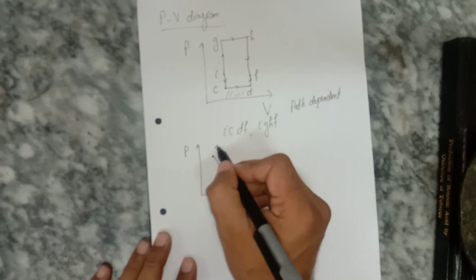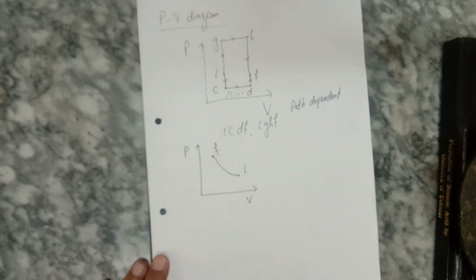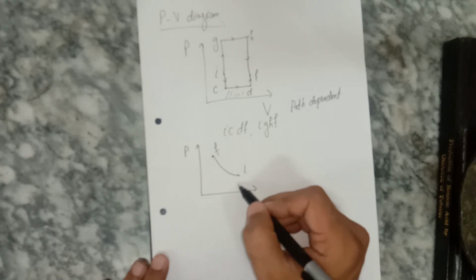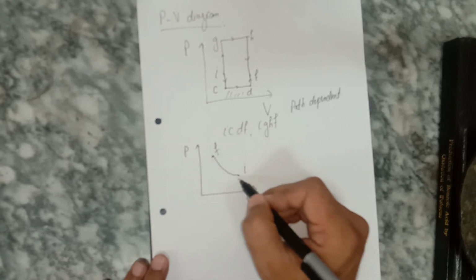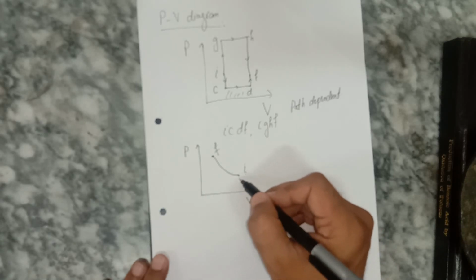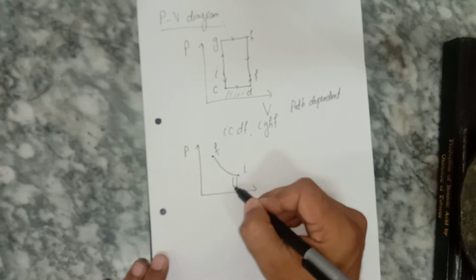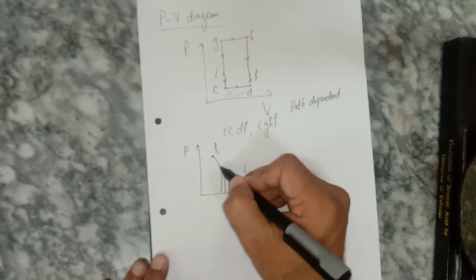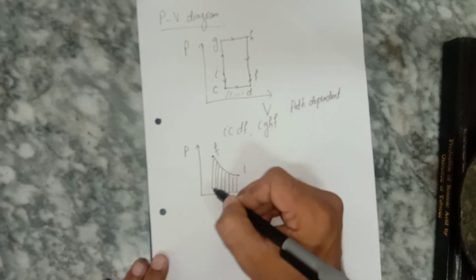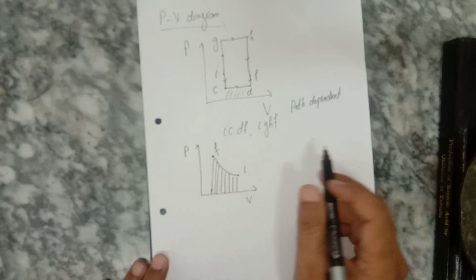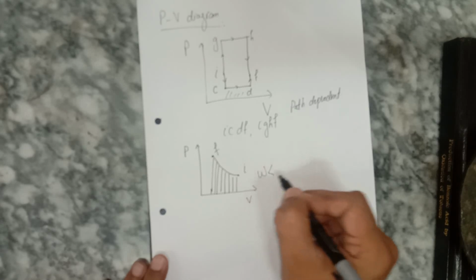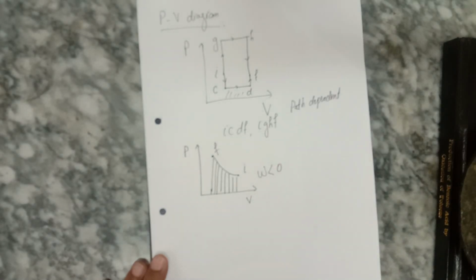Now one can see that the volume in this case is decreasing as you go from initial to final state, and as I told you, work done is equal to the area under the curve of this PV diagram. One can see that as the volume is decreasing, the work done in this case would be negative.